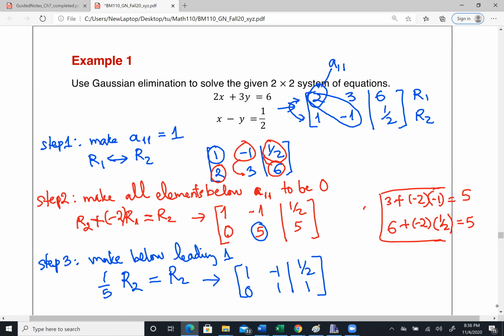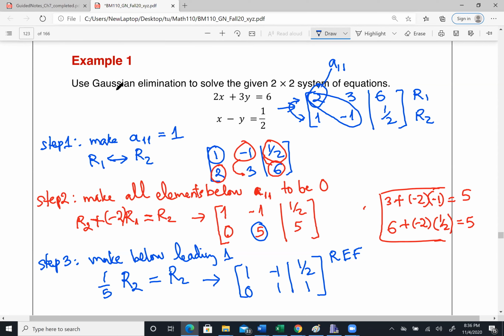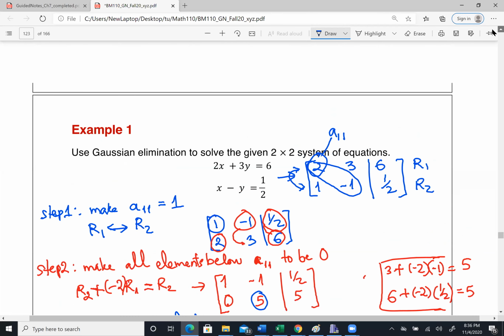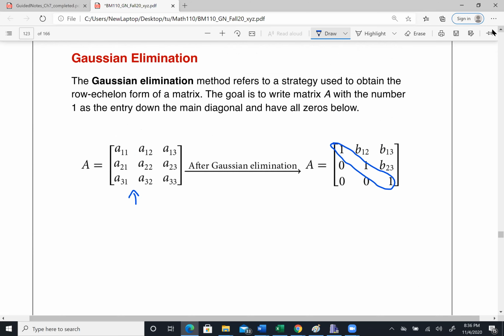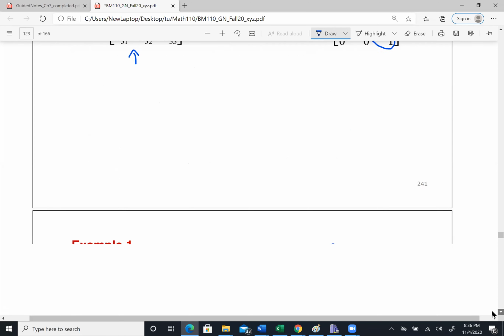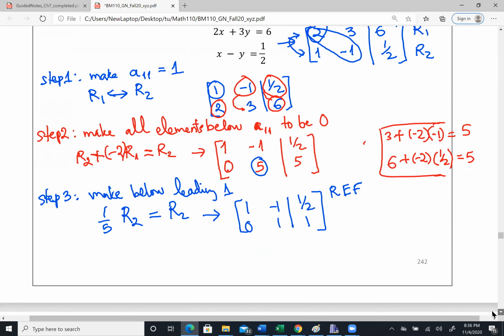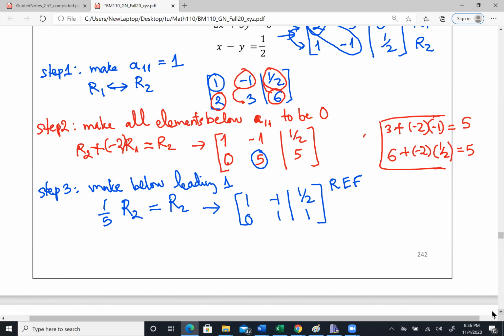What we're gonna do if we use Gauss elimination to solve? They didn't mention what we do after this, but I'm gonna say. After this, you're just gonna use back substitution.